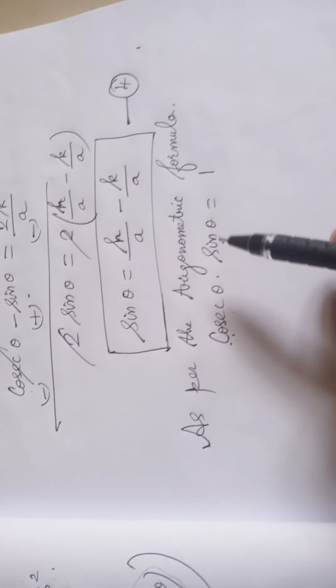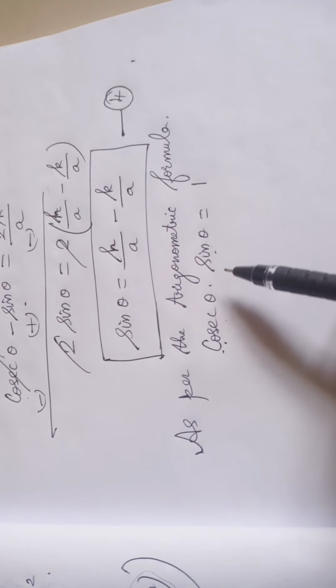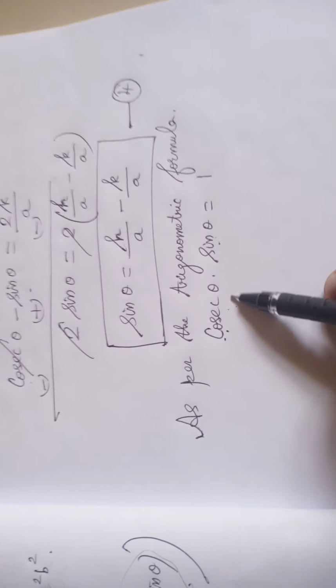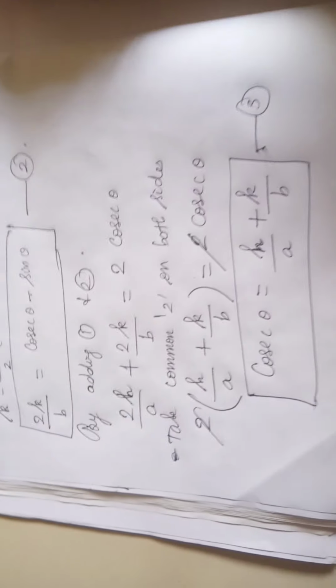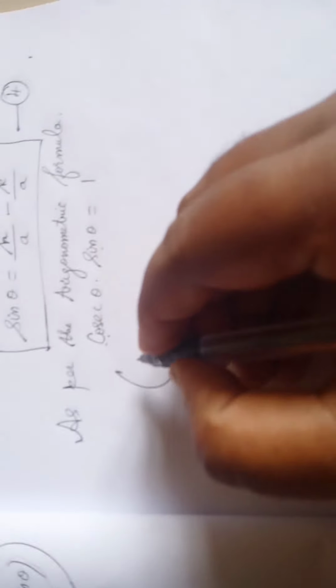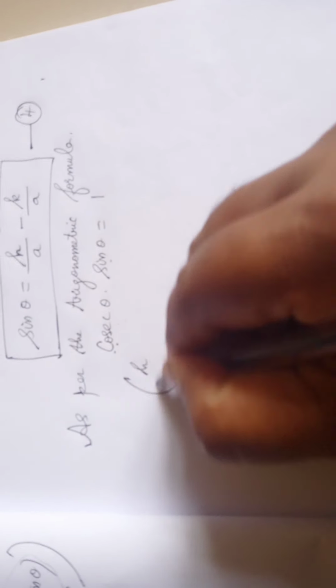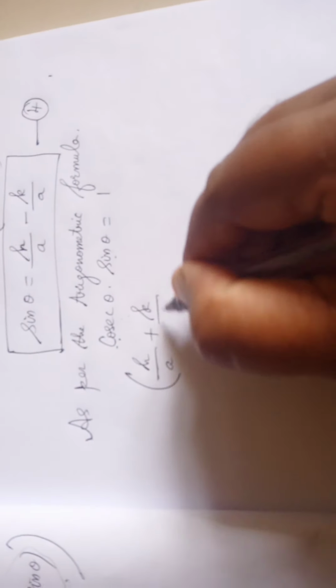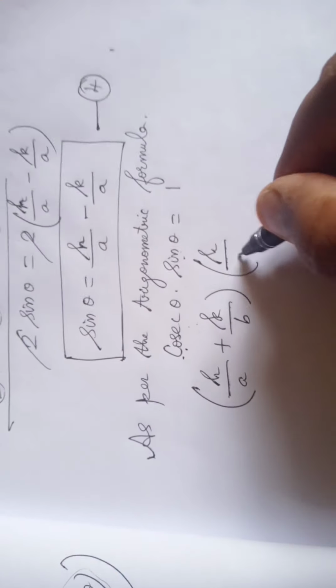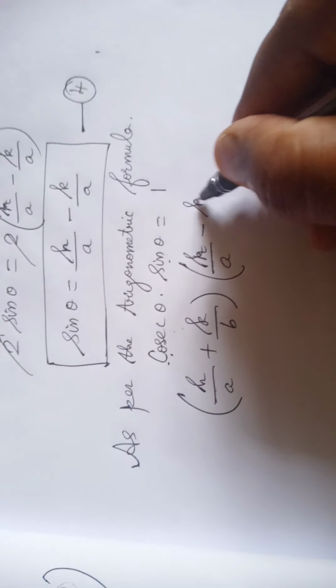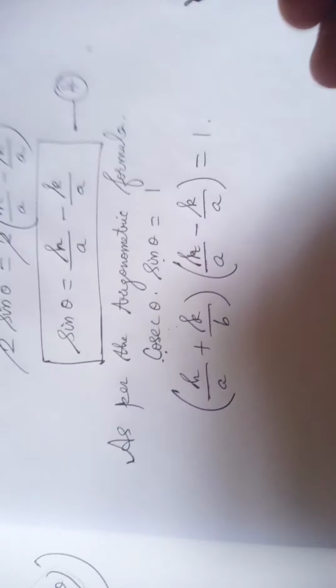So now cosec θ value is h by a plus k by b, and sin θ is h by a minus k by b, so the product equals 1.